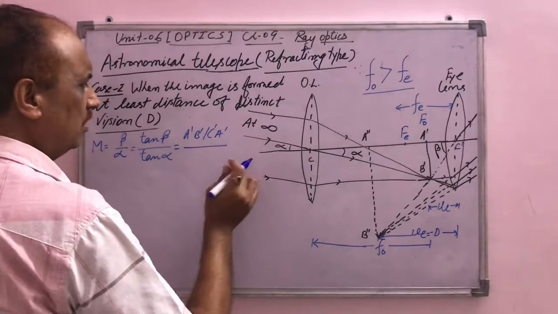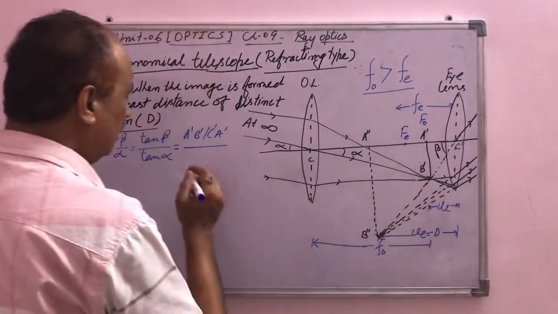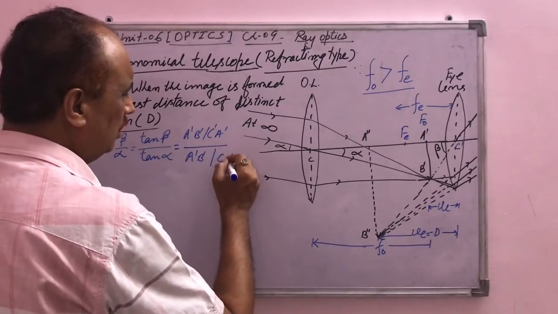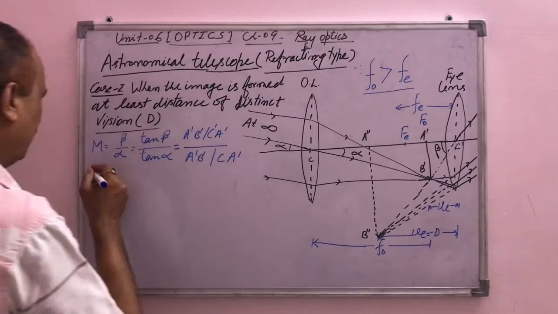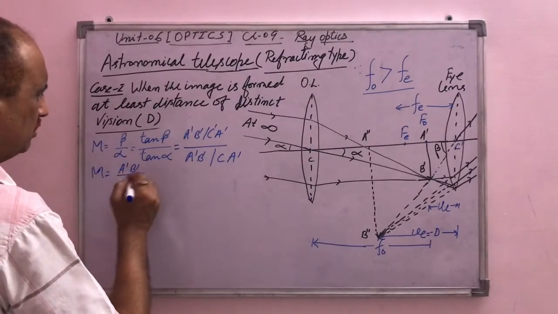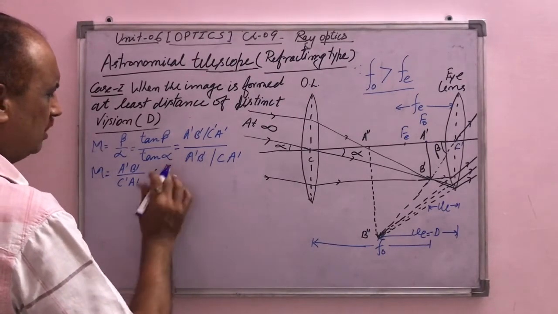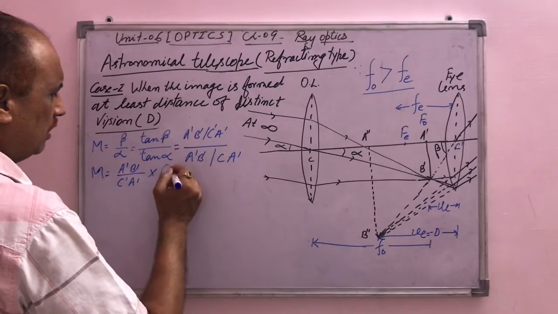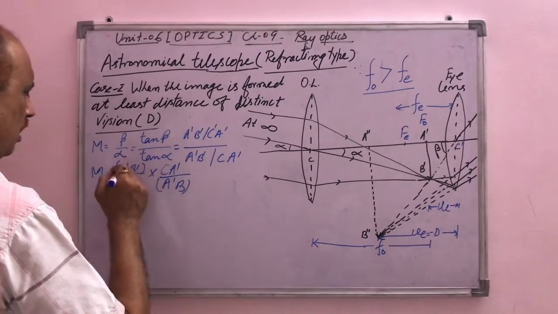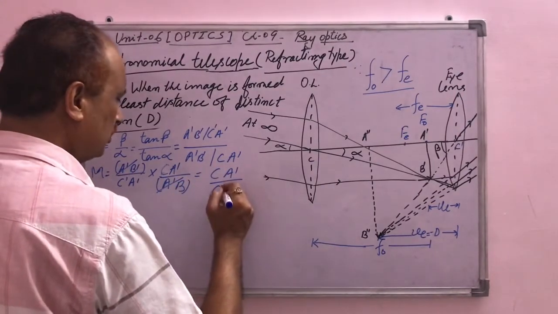Similarly, tan alpha in triangle C A dash B dash is equal to A dash B dash divided by C A dash. Now simplify it. So M will be equal to A dash B dash upon C dash A dash into C A dash divided by A dash B dash, and this term cancels out, and we will get C A dash upon C dash A dash.